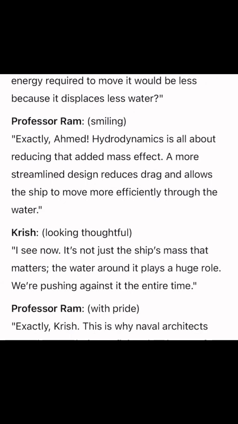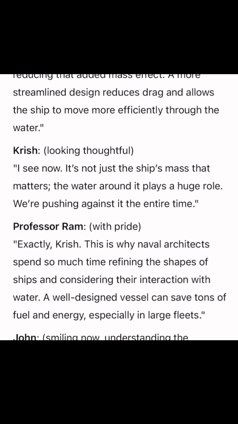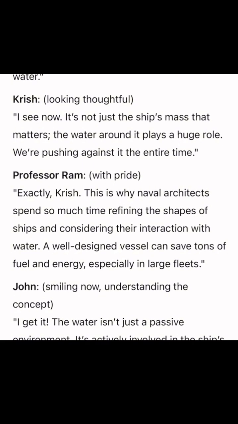A more streamlined design reduces the drag and allows the ship to move efficiently through the water. I see now. It's not just the ship's mass that matters. The water around it plays a huge role. We are pushing against it the entire time. Exactly, Chris. This is why naval architects spend so much time refining the shape of the ship and considering its interaction with water.